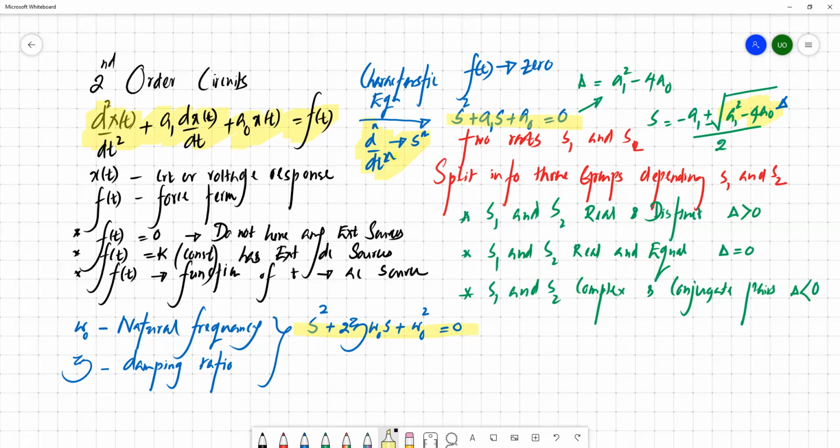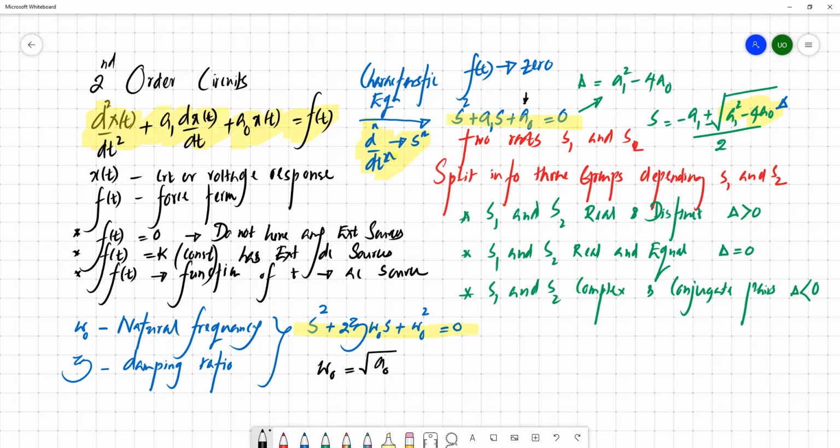These two characteristic equations represent the same system, so we can equate the coefficients and get a relationship between omega naught and zeta and a1 and a naught. By looking at these coefficients, we can get two equations. One is that we can easily get the natural frequency by taking the square root of this zeroth order derivative term, like this.